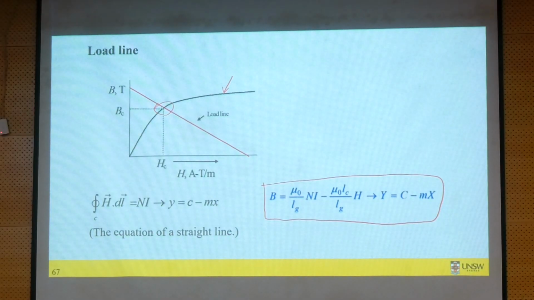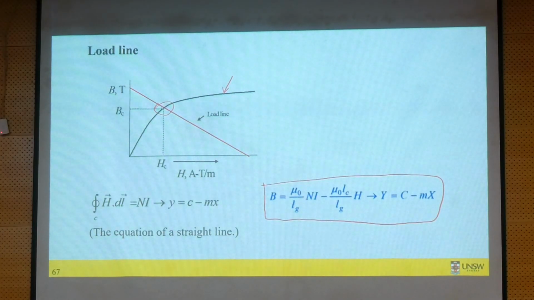Okay, but again, this load line method for magnetic devices such as permanent magnet motors, we must know this BH characteristic very accurately. Okay, only then can this method give us where our operating point is, and it gives only one single operating point.